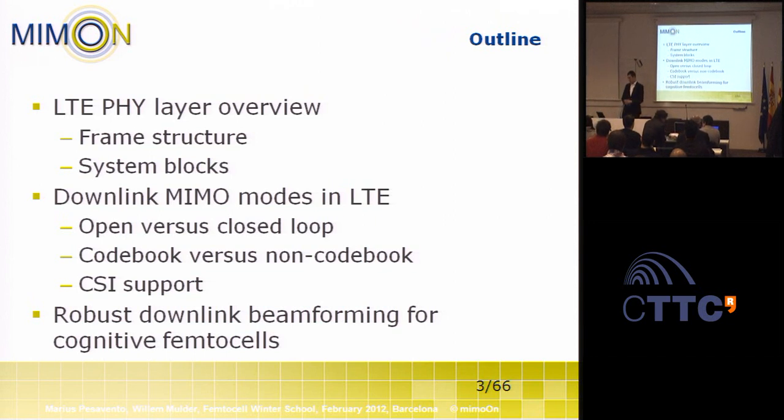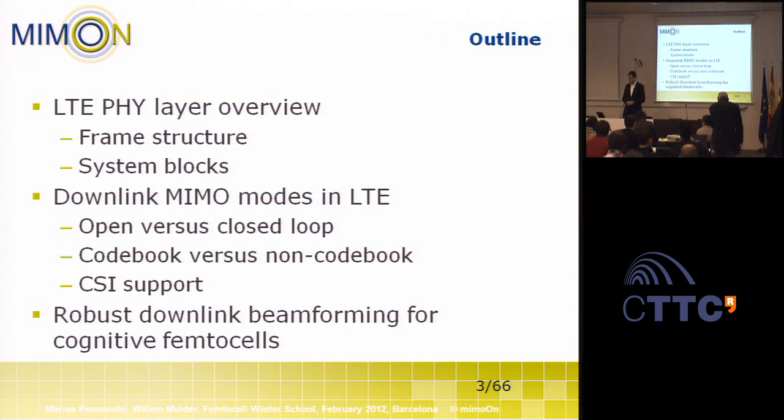From a downlink perspective, I will look at open loop versus closed loop MIMO. I will look at codebook-based precoding versus non-codebook-based beamforming design. I will also look at how the channel state information feedback is incorporated in LTE.